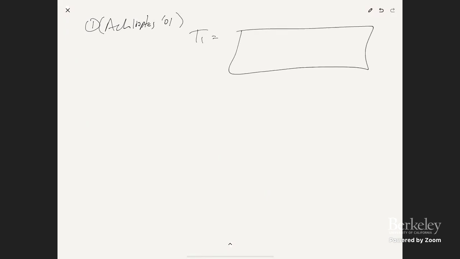And kind of the history on that is, first there was Achlioptas. What he said was, pick a matrix pi where each entry is plus or minus 1 over root m, or actually just say plus or minus 1 over some scale factor. Let's not focus on the scale factor.